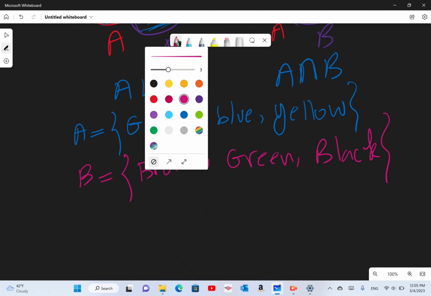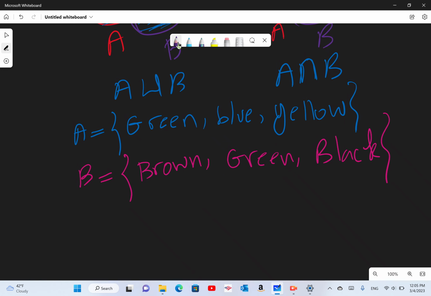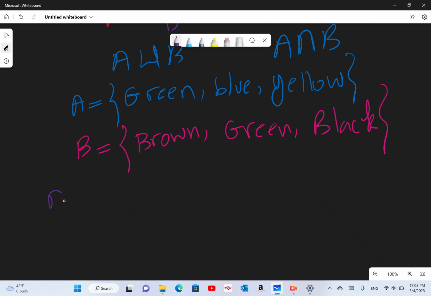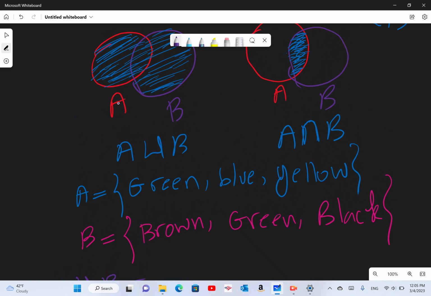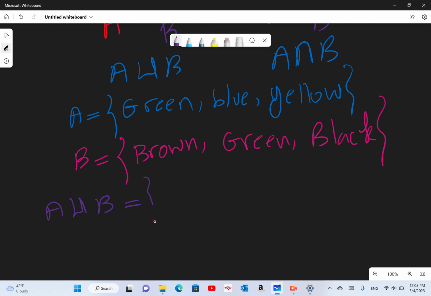All right, so what would A union B be in this case? If you remember, we said all the elements that belong to A or B. So we have green, because it's an element of A. We don't care if it's an element of B, as long as it's in A, that means it belongs to the union.